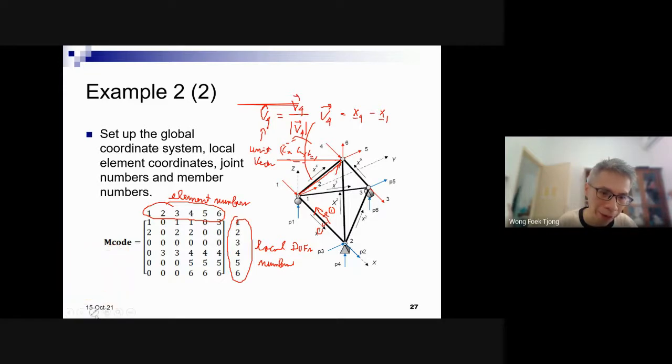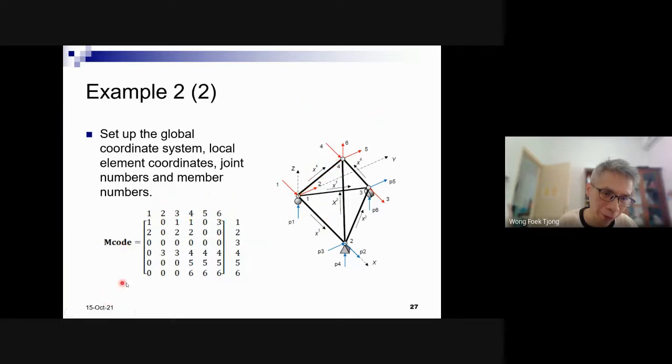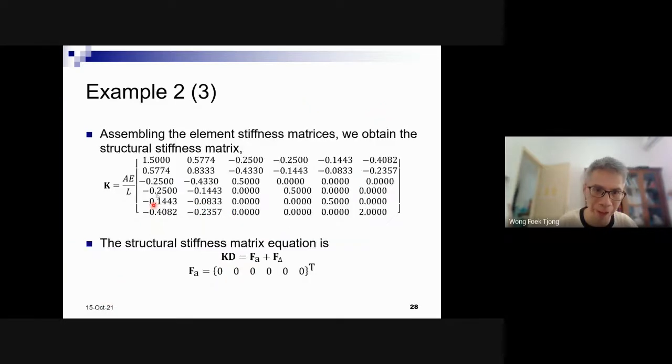After assembling the stiffness using this MCOT, we have done that already before the mid-semester exam, and then we will obtain this stiffness matrix. What I mean by the global or structural stiffness matrix is only for active degrees of freedom, so this is like KAA in the DSM-P.